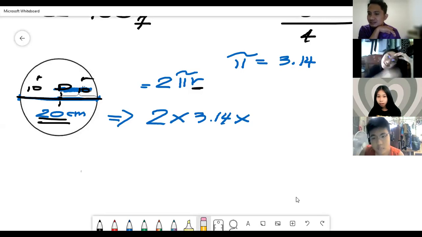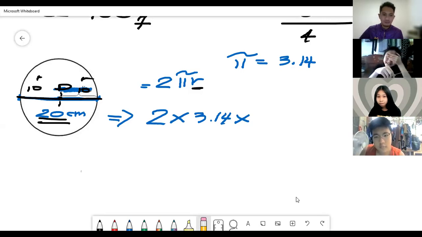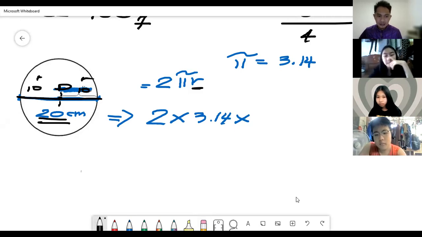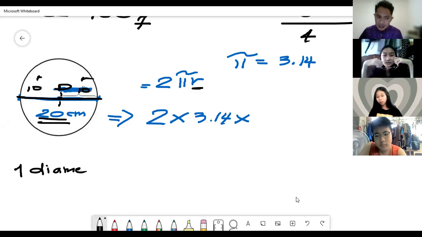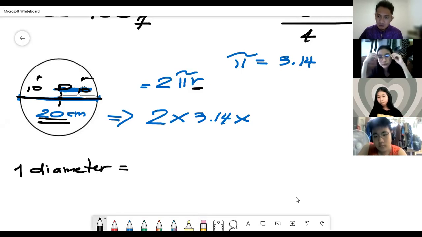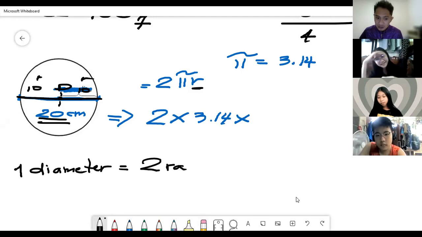So meaning, listen to me: one diameter is equal to 2 radius.